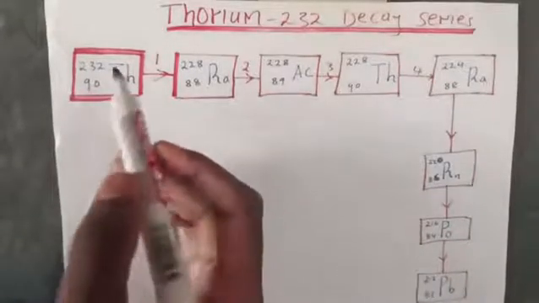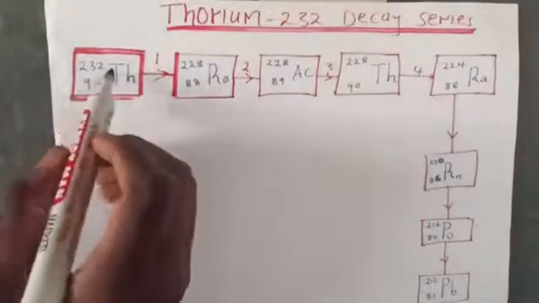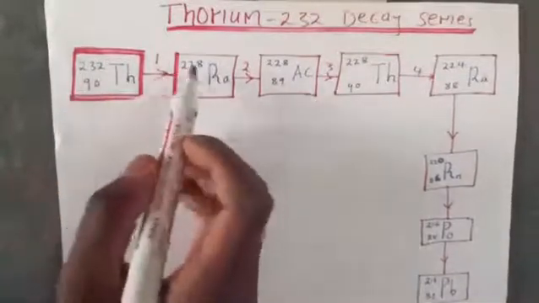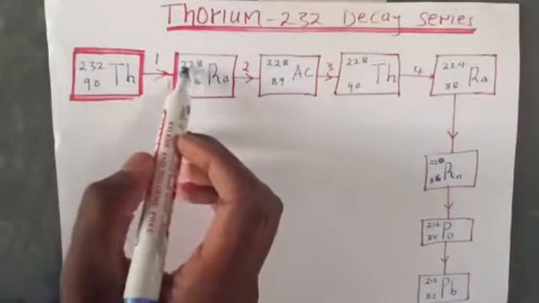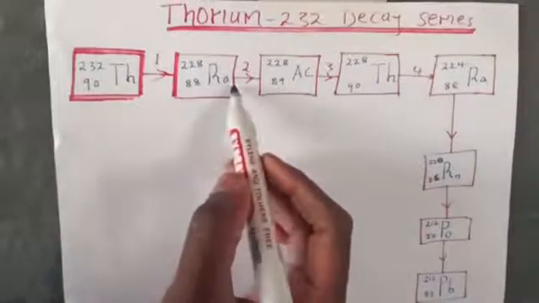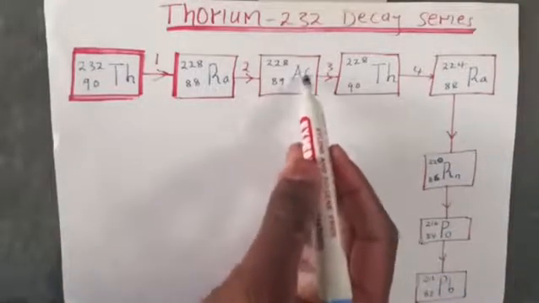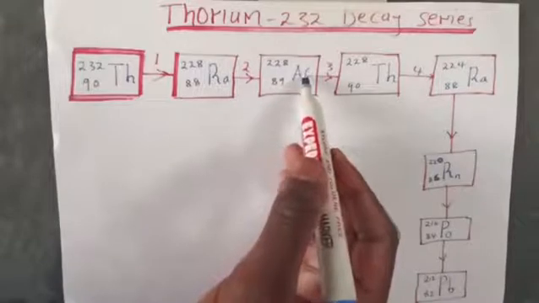We have thorium with a mass number of 232 that decays to give us radium with a mass number of 228. Radium also decays to give us an actinium nuclide.